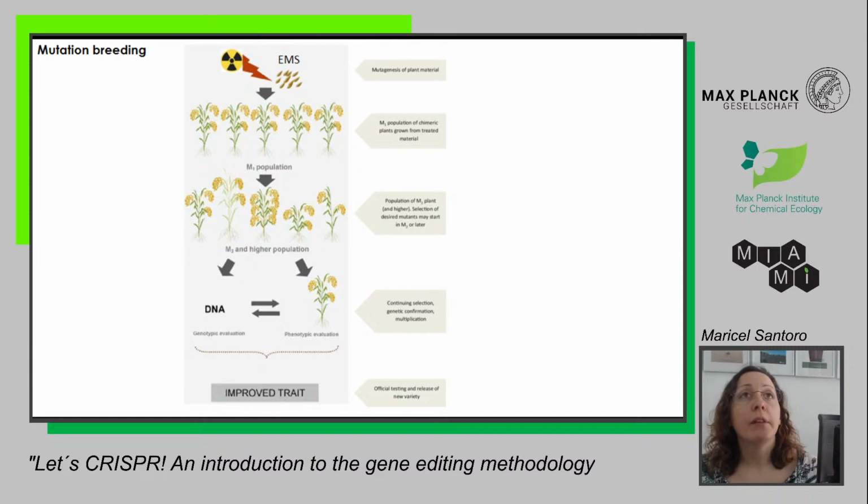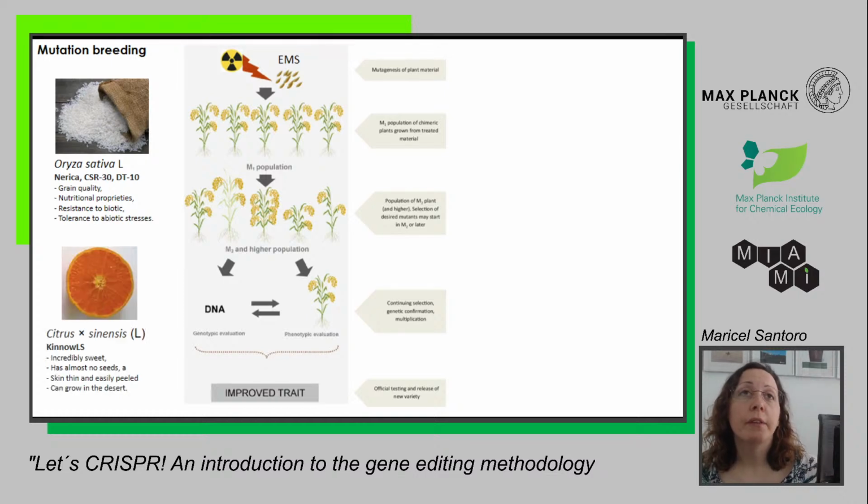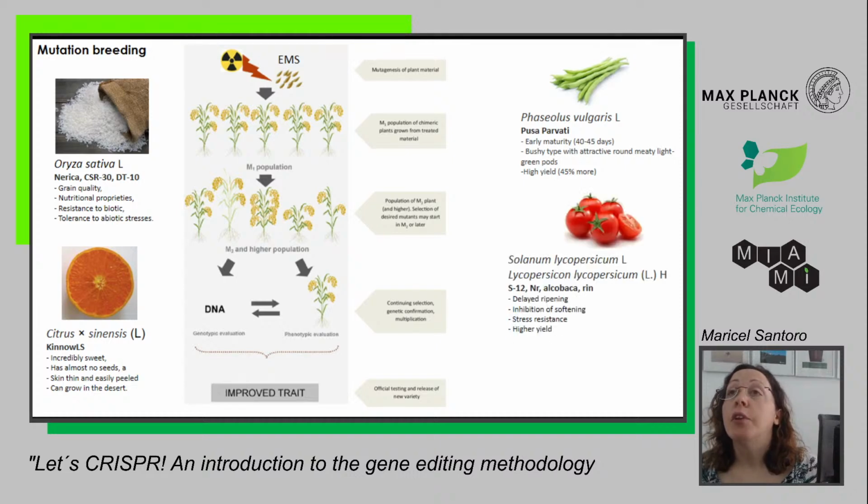This has been done, and we actually have these crops nowadays. For example, rice has been done like that. There are several cultivars around and used nowadays because this is actually permitted. Oranges, peas, and for example, tomatoes.